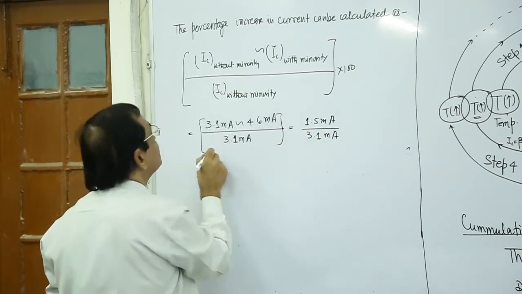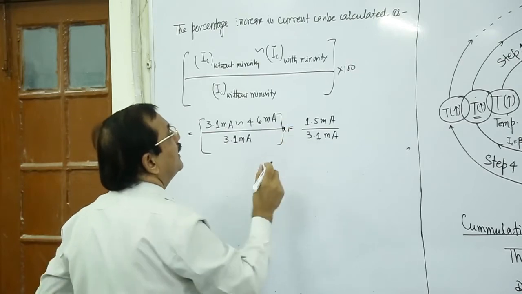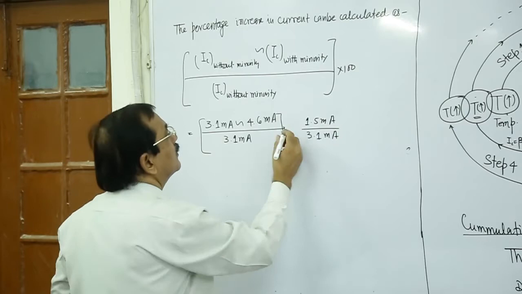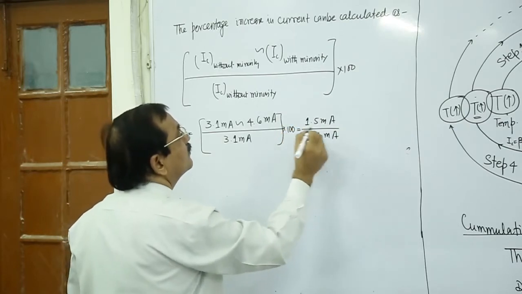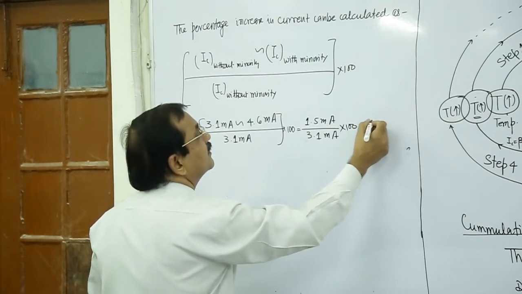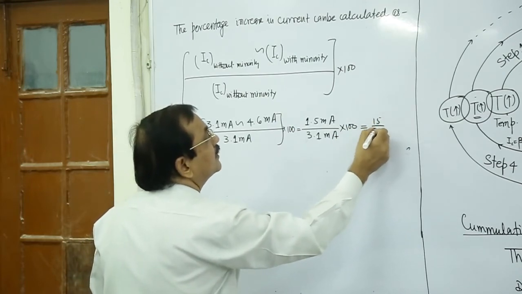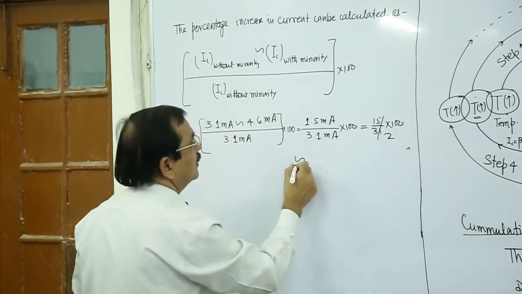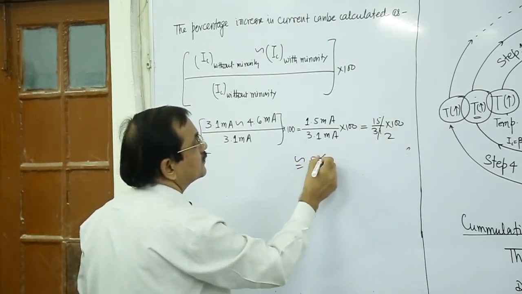The whole thing is multiplied by 100, which is equal to 15 by 31 into 100. So approximately, this is 50%.